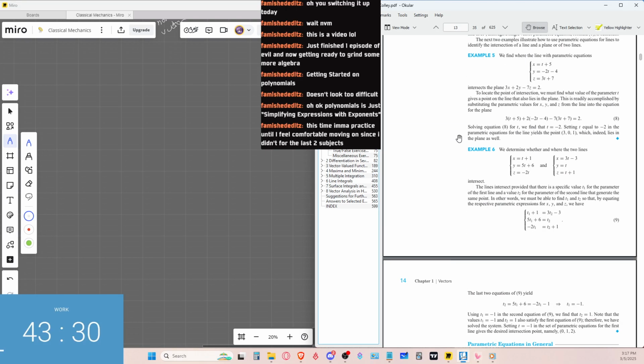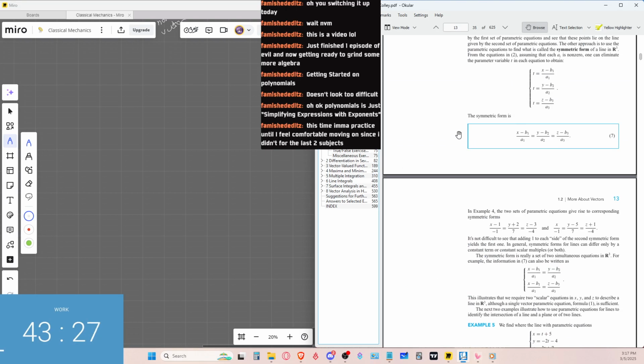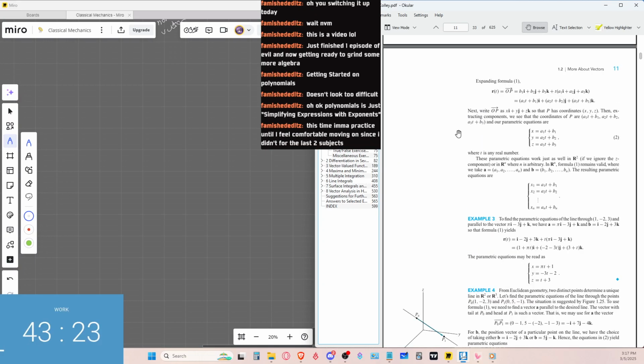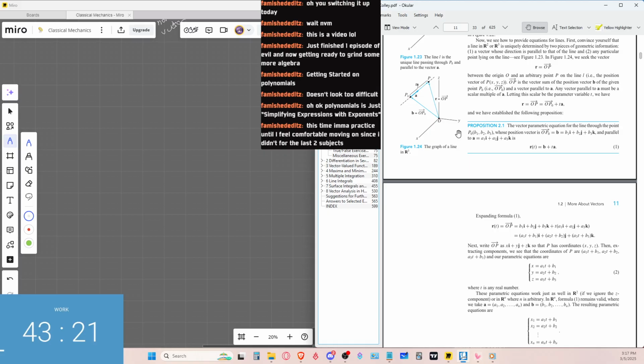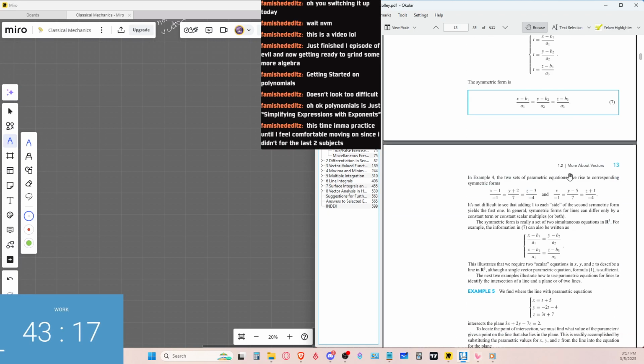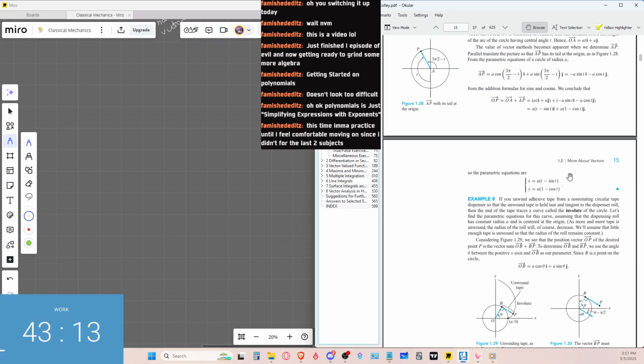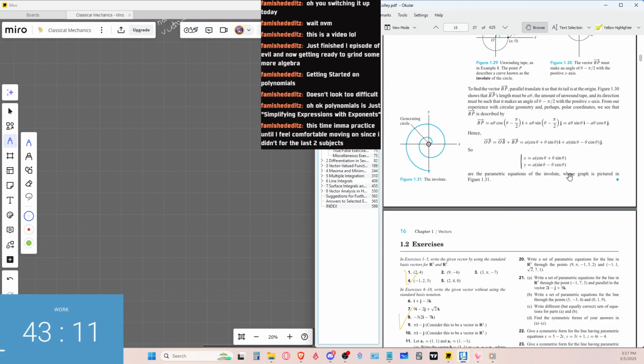And I think this is where they talk about the parametric version of a line. Yeah, the parametric version of a line. Yeah, I remember this. What else do we have here?